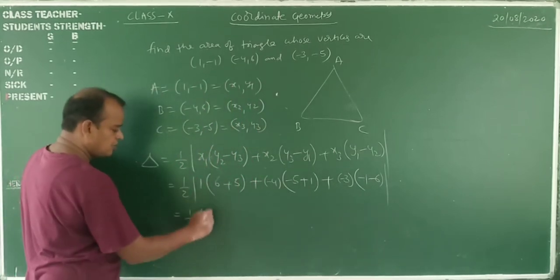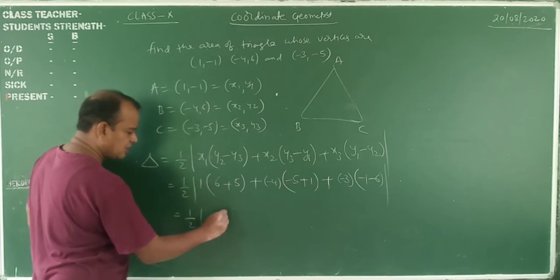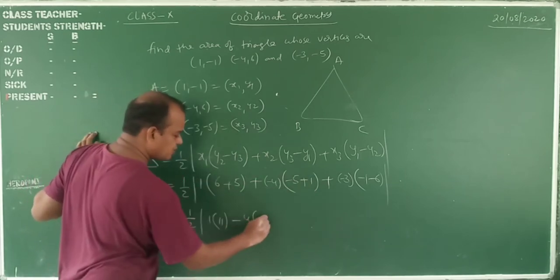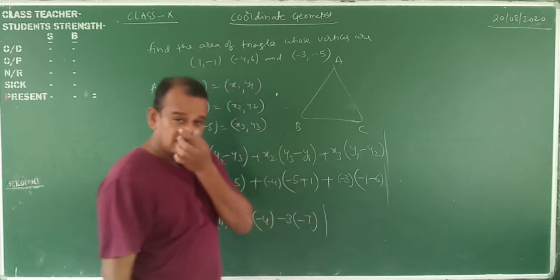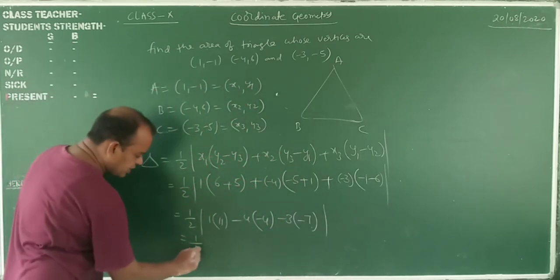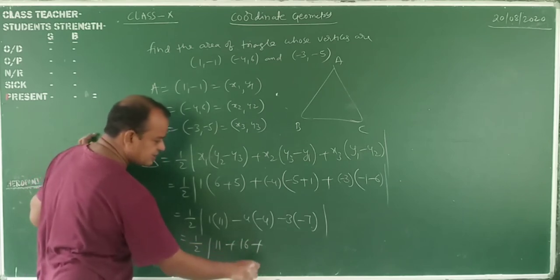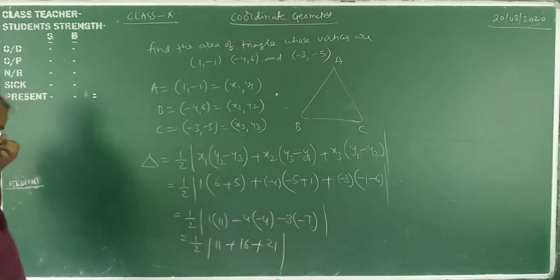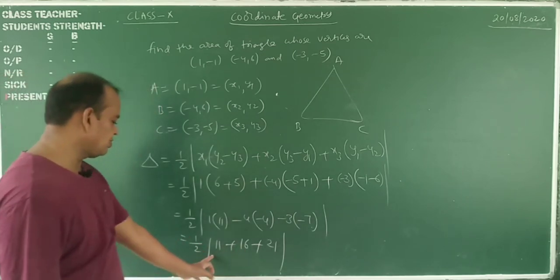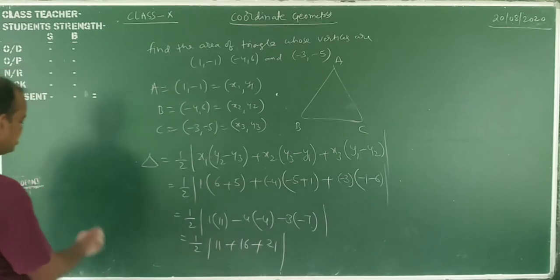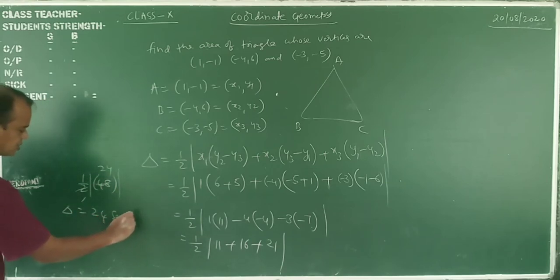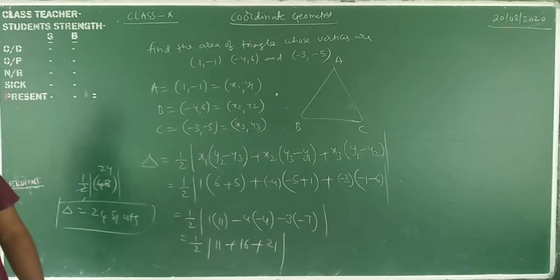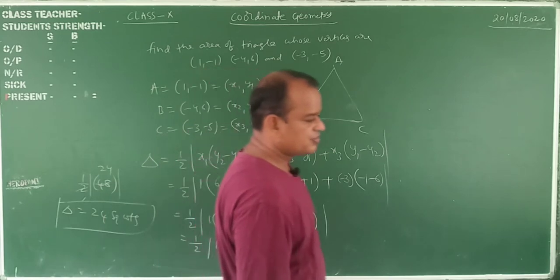Half into 1 into 6 plus 5 is 11, plus minus 4 into minus 5 plus 1, plus minus 3 into minus 1 minus 6, which is minus 7. 1 by 2 into 11 plus 16 plus 21. 21 plus 16 plus 11, 48 total. 27 plus 21 is 48. 1 by 2 into 48 under modulus equals 24 square units. 24 square units. In this way we will complete the problems.